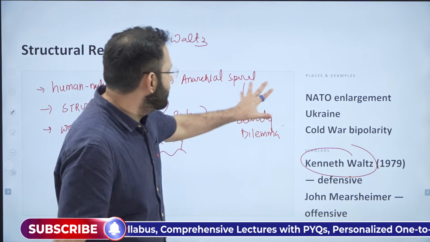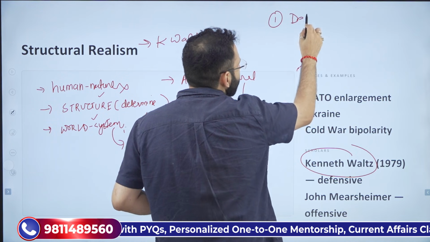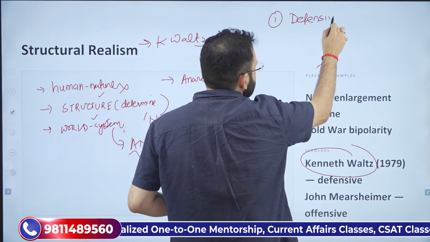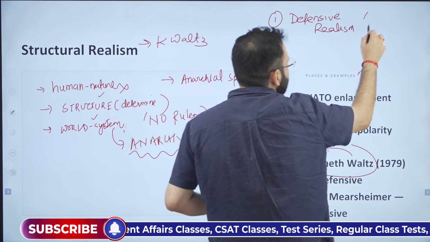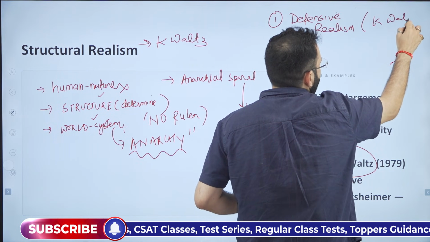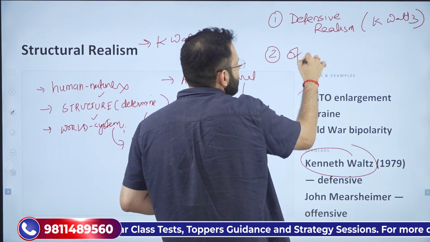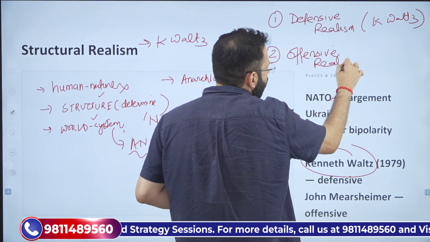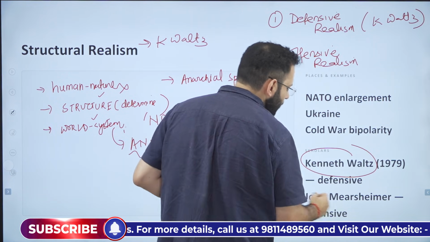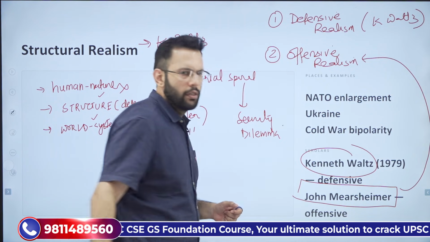Structural realism is itself divided into two parts. One is what we call defensive realism. The scholar associated with defensive realism is Kenneth Waltz. The other form of realism is offensive realism, and the person associated with offensive realism is John Mearsheimer.